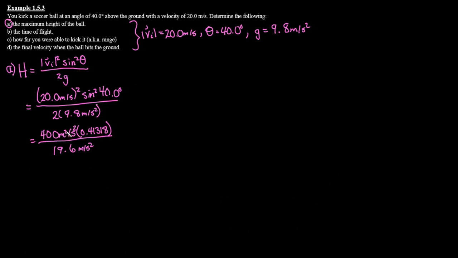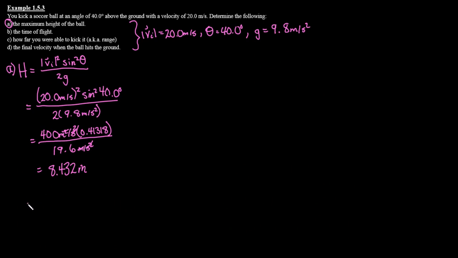Sorry, this is meters squared per second squared. So now your meters squared cancel out, your seconds squared cancel out, leaving you just with meters. And when you do 400 times 0.4138 divided by 19.6, we get an answer of 8.432 meters.